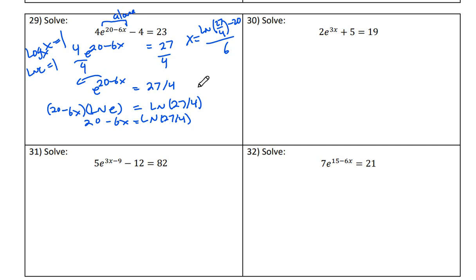And I get x is approximately negative 3.015. And these each work similarly.